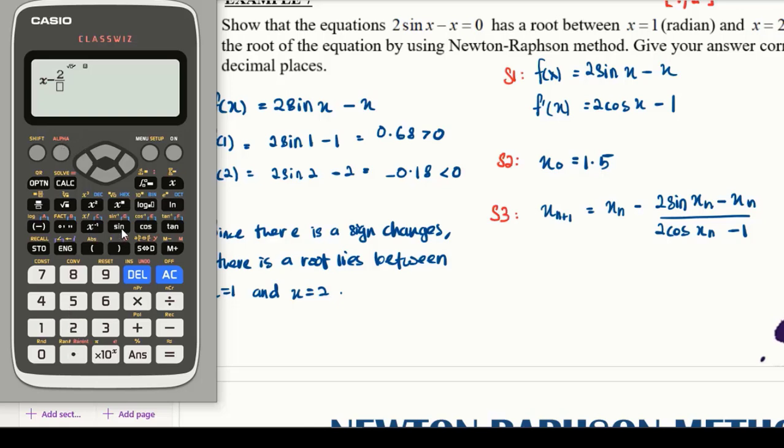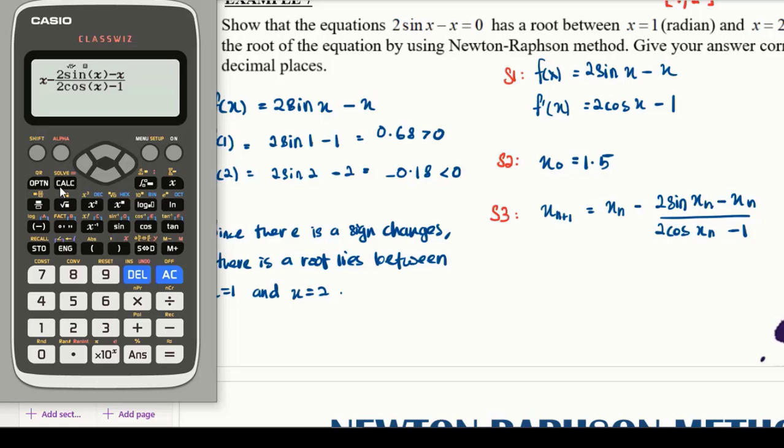So we press 2 sin, alpha x, bracket, minus x, over 2 cos x minus 1. So we have 2 cos, press alpha x, minus 1.